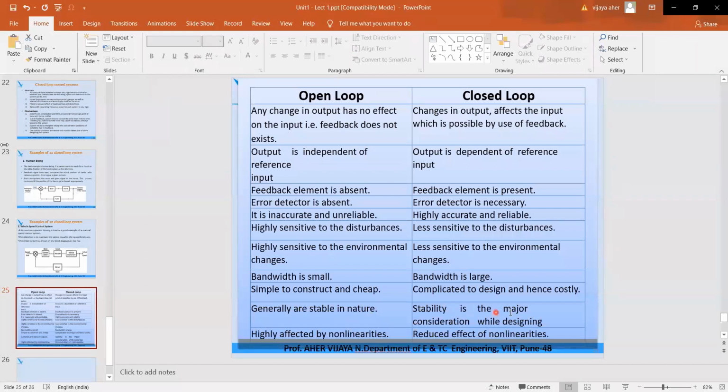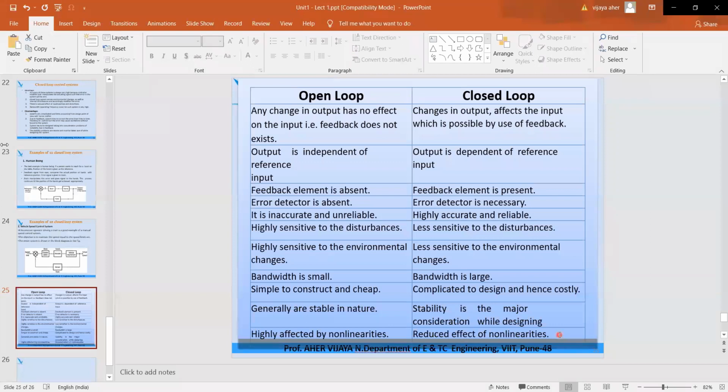So stability is the major consideration while designing the controller for a closed loop control system. Then an open loop system is highly affected by non-linearities, whereas a closed loop control system reduces the effect of non-linearities.